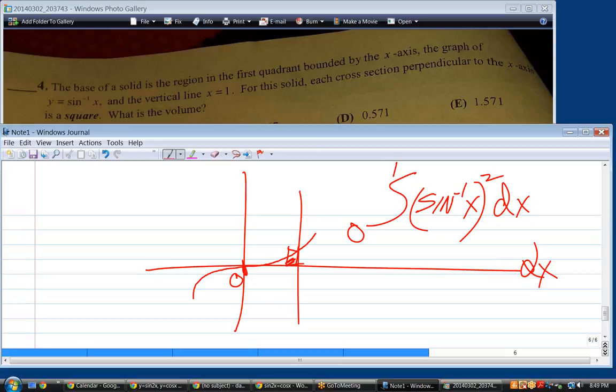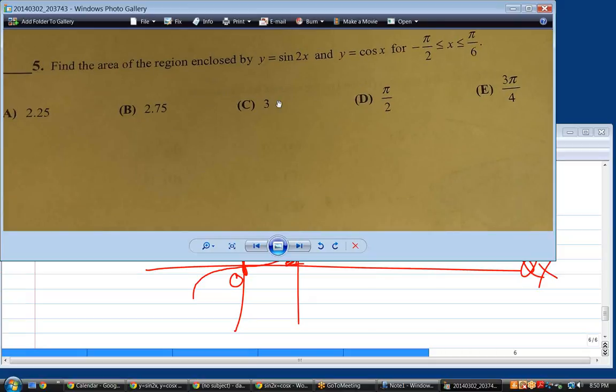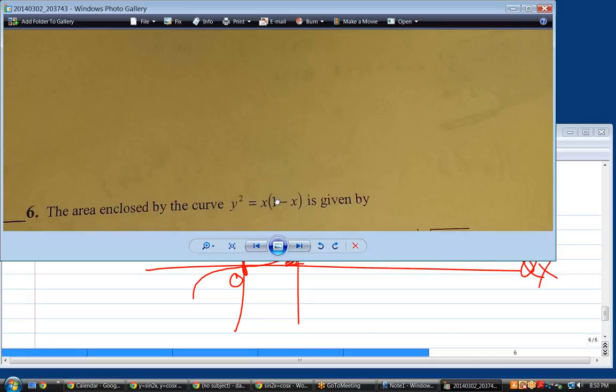I got 0.467, and that is C, and the answer is C.